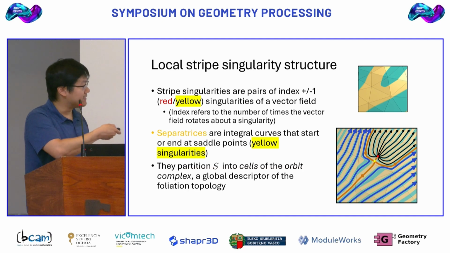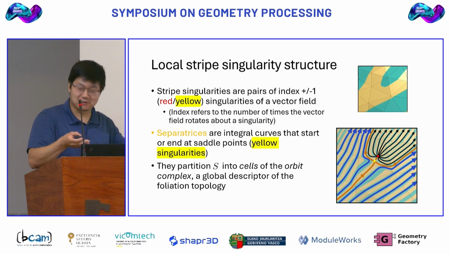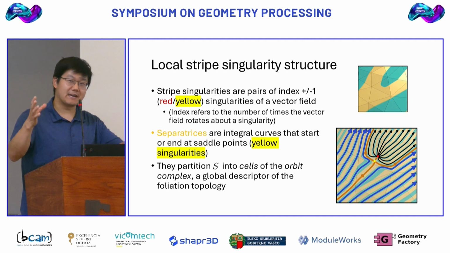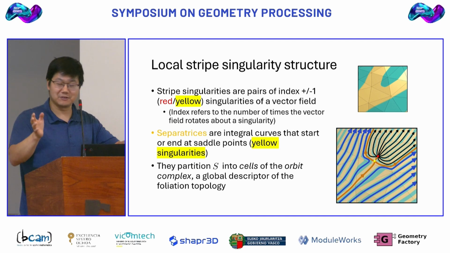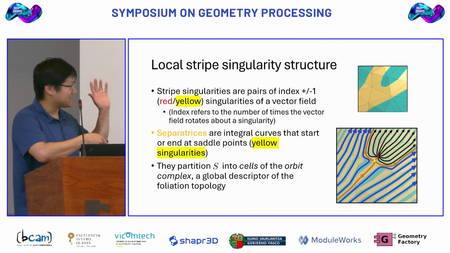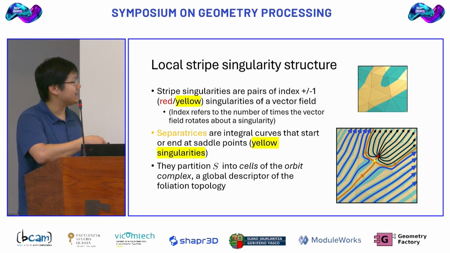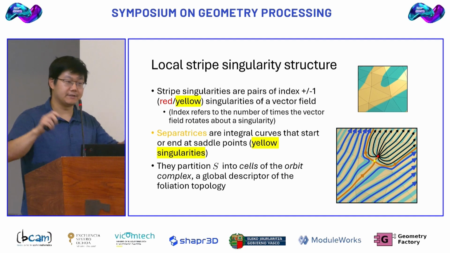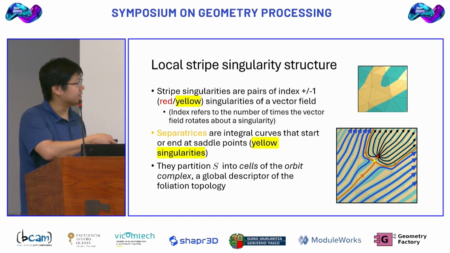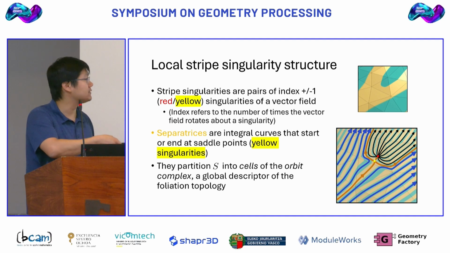And what's really cool is I dug into the mathematical literature, and I found that people who've been characterizing the topology of vector field flows on surfaces decades ago were doing this, and there's this orbit complex, which is the global characterization of the vector field flow. And it consists of cells that come about when you partition S via these separatrices.